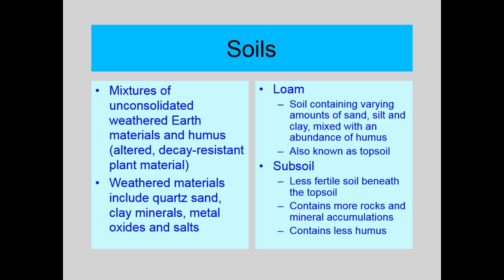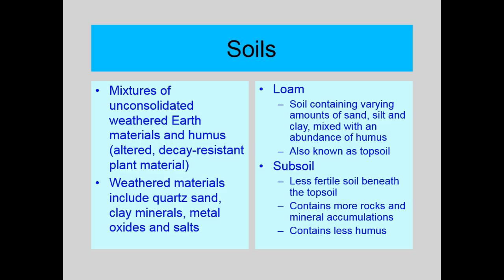It's a mixture of unconsolidated. Now what does that mean? Things not stuck together. In other words, it's not rock anymore. Unconsolidated, weathered, we talked about the 3 types of weathering, earth materials. That means rock that has been worn down, weathered, physically weathered, chemically weathered, biologically weathered, earth materials.